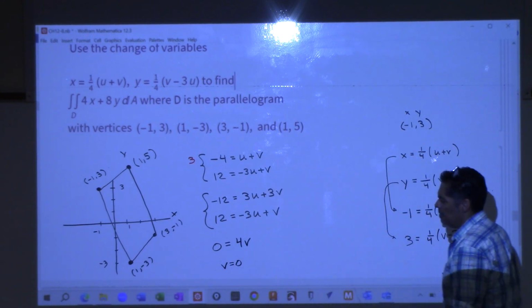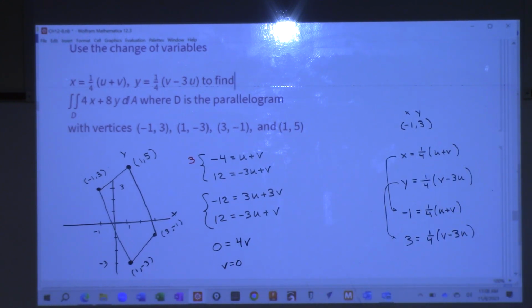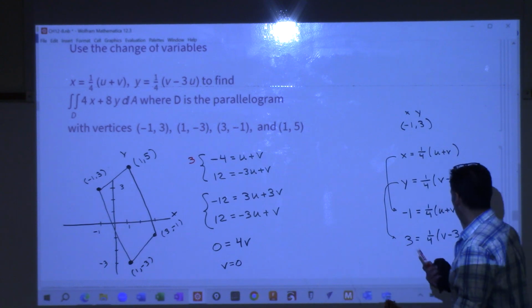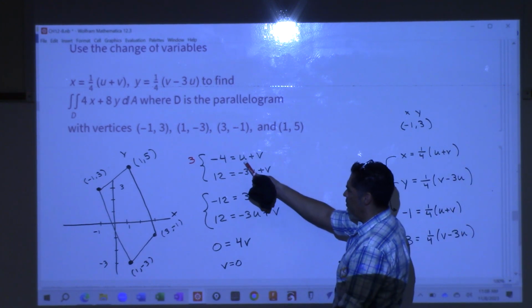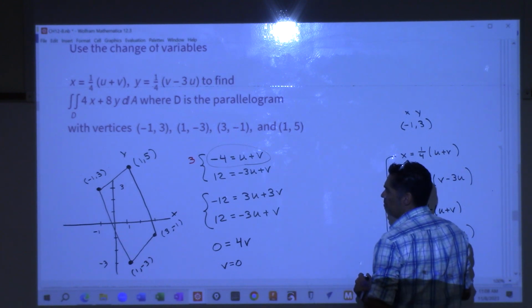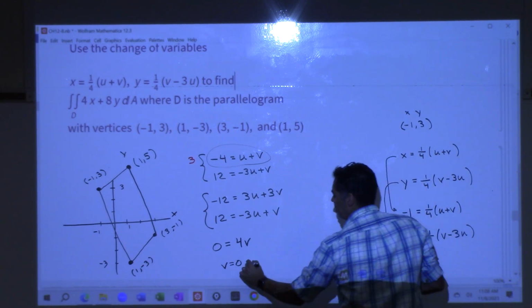And once you know what v is, you can go back and get u, right? By plugging 0 into any of these. I like this first equation right here. Let's replace v with 0. U is -4.